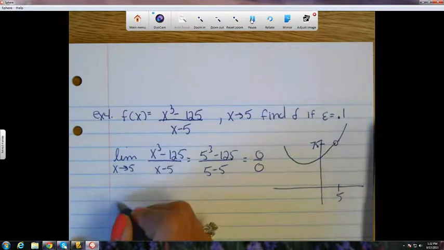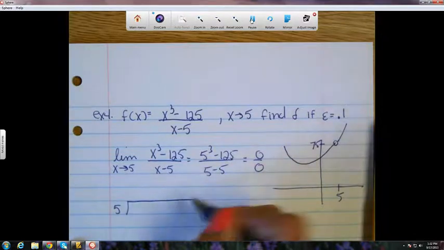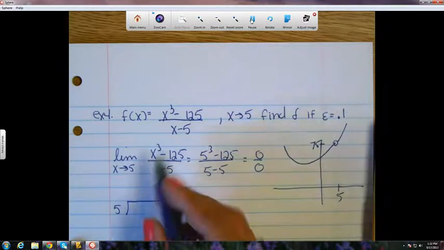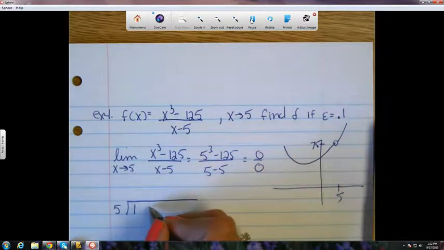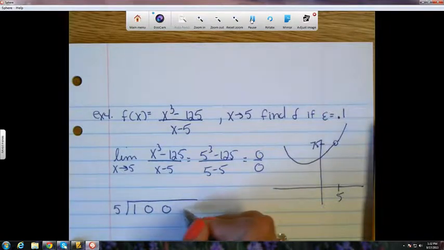So that means 5 goes into, you need the 1x cubed. You have to have a placeholder for the x squared, for the x to the first, and then our constant.